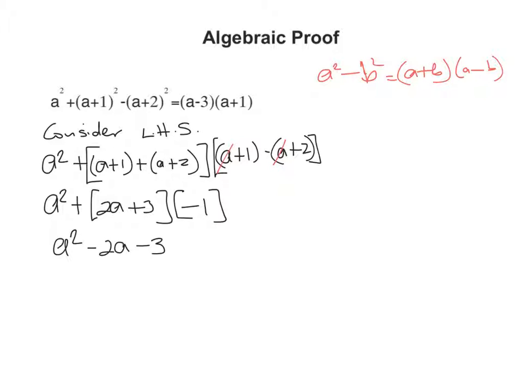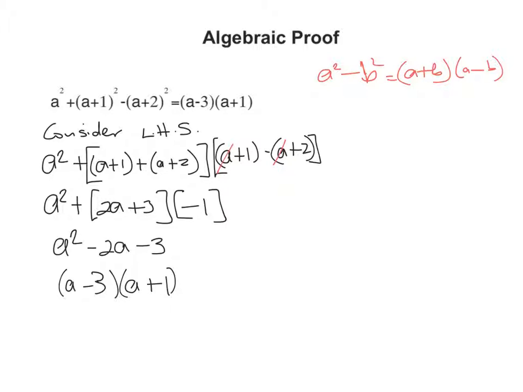I'm not going to work it out here, because if you're aiming for an A or an A star, or grade 8 or grade 9, then you should be able to find your own way around this. But this is going to give me my final answer of a minus 3, and oopsie, makes that look like a 3, and then a plus 1. All right, so that's basically it. Have a go at that and then see how that works.